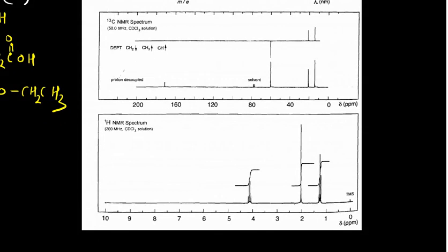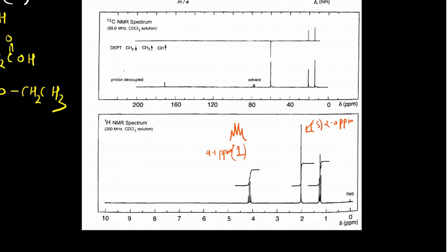It is having a quartet, with a chemical shift of 4.1 ppm, and here you are having a singlet, and this singlet has a chemical shift of 2 ppm.